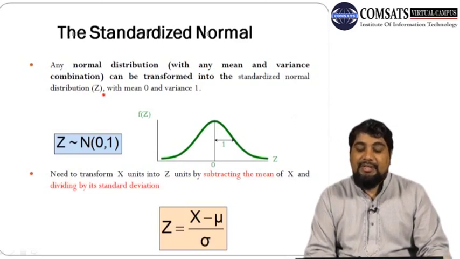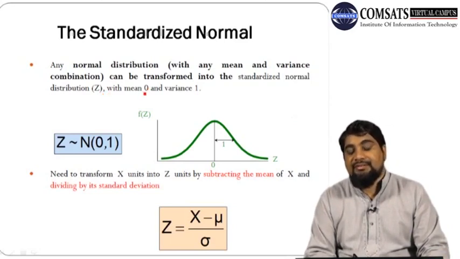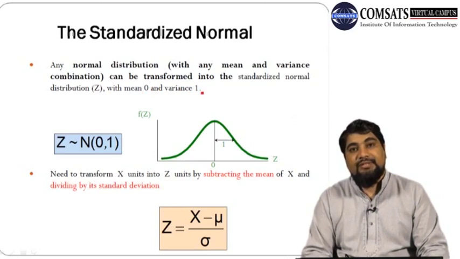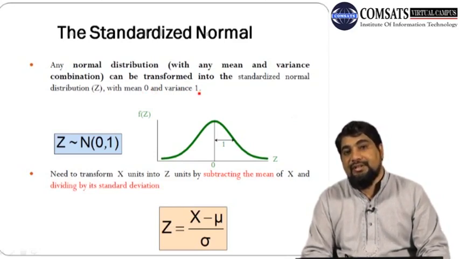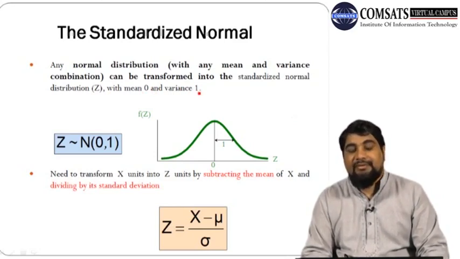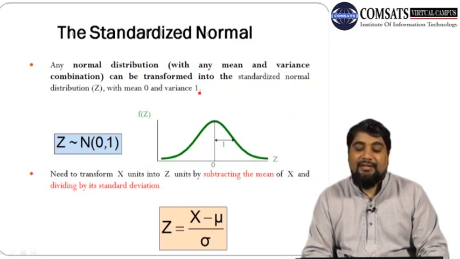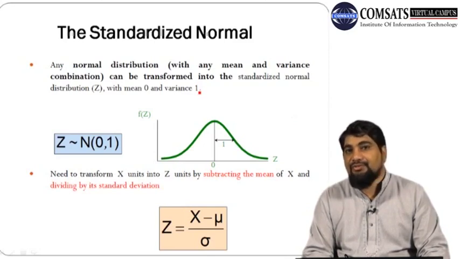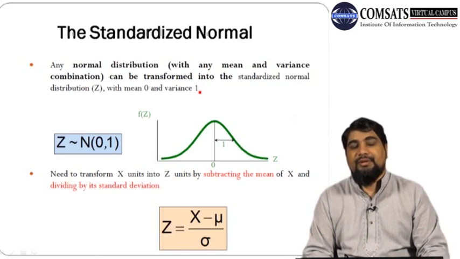In the standardized case, the mean is 0 and variance is 1. If the mean is 0 and the variance is 1 and the distribution is normal, then we say that we have a standardized normal distribution. So in case of the standardized normal distribution, the mean should be 0 and variance should be 1.